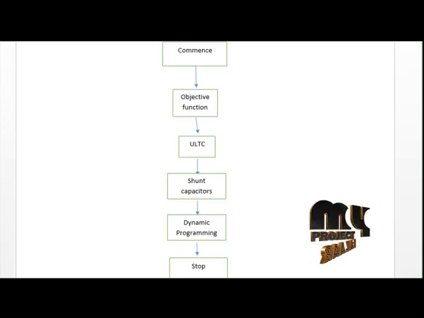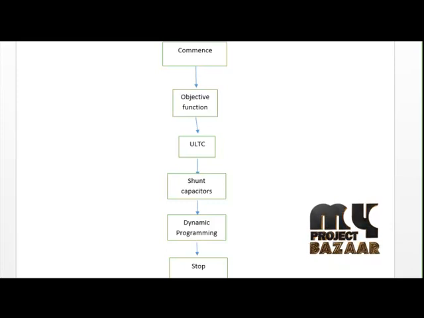For example, finding the shortest path between two points or the fastest way to multiply many matrices. A dynamic programming algorithm will examine all possible ways to solve the problem and will pick the best solution.